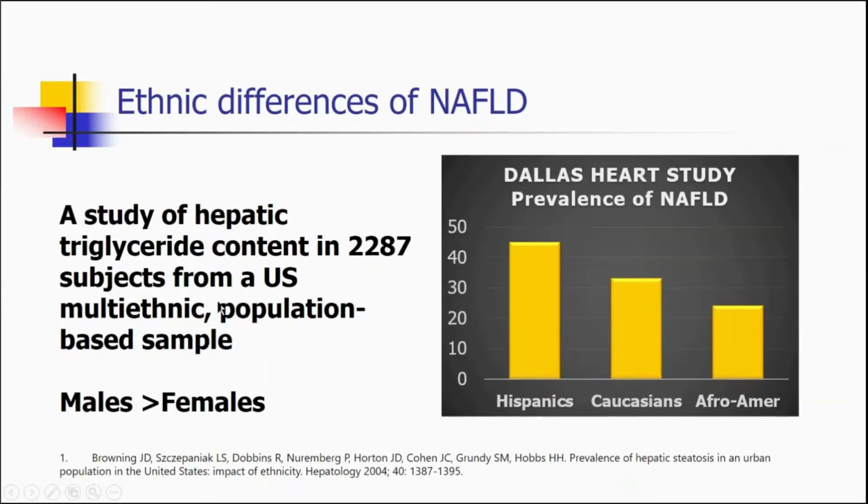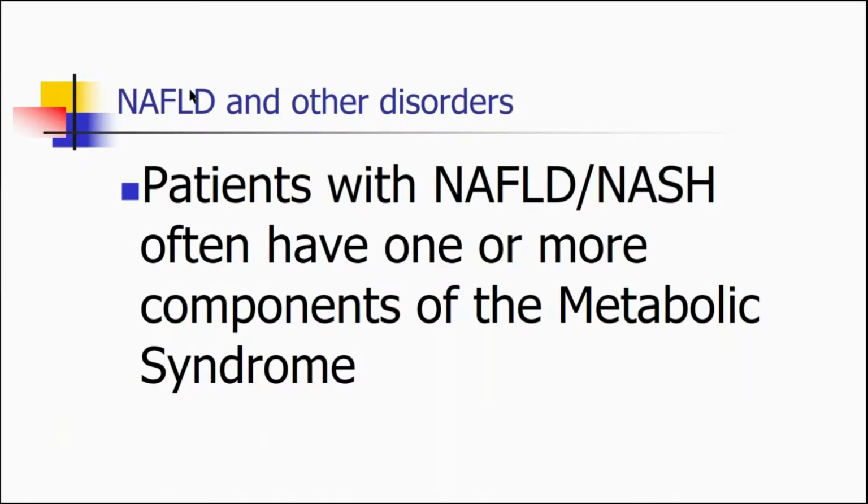For example, in the study looking at hepatic triglycerides in thousands of subjects in the US, the prevalence was higher in males than females, and was around 45% in Hispanics, 32% in Caucasians, and 25% in Afro-Americans. So there might be differences according to population.